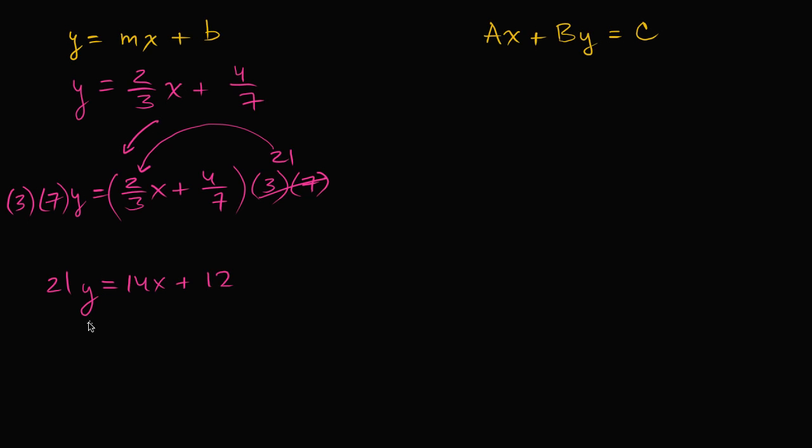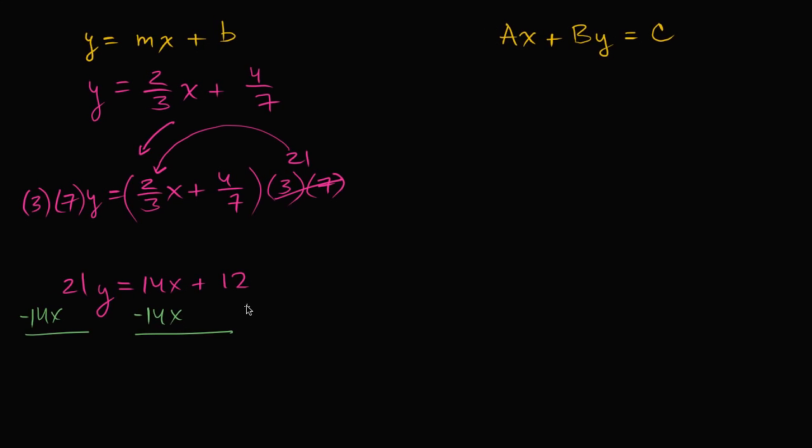And now I want to get all the x's and y's on one side. So I want to get this 14x onto the left side. Let's see if I can do that. To get rid of this, I would want to subtract 14x. I can't just do it on the right-hand side. I have to do it on the left-hand side as well. So I want to subtract 14x. And then what am I left with?